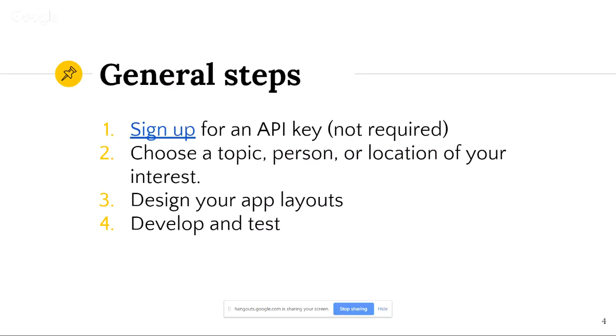This will give you the opportunity to learn how to manage keys and how you can do the same for other APIs that may require you to create an API key, okay? So I strongly suggest doing this step. Here's the link for the sign up. So yeah, that's the first thing you may want to do.